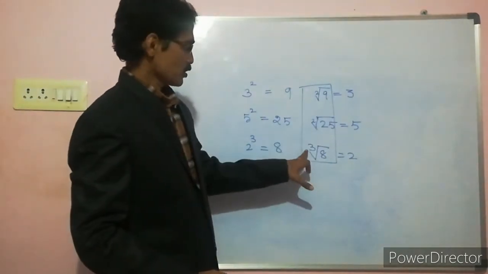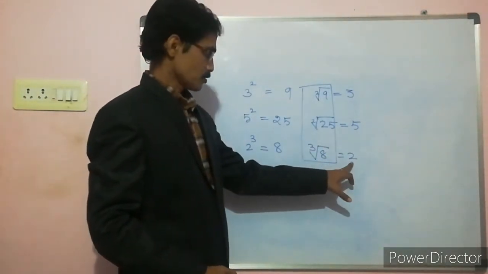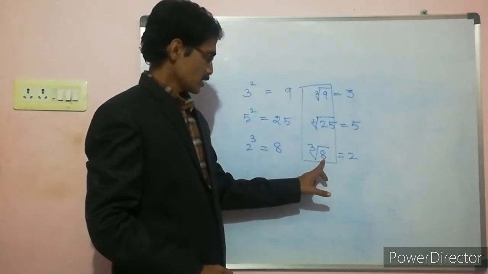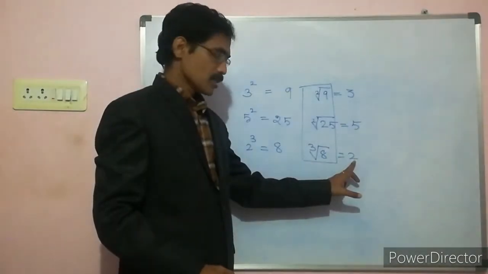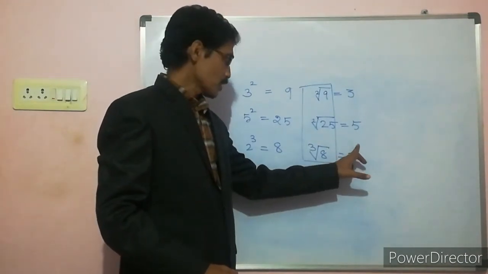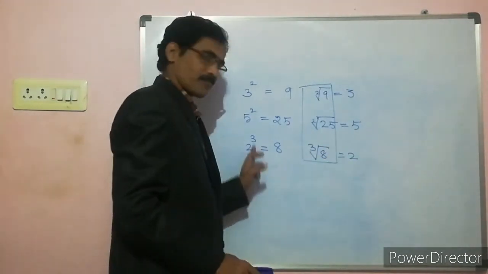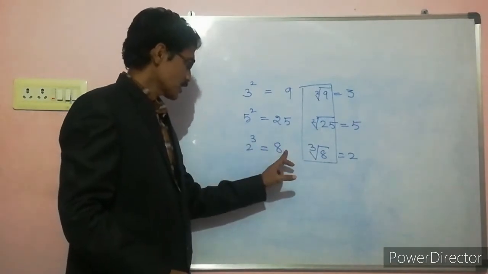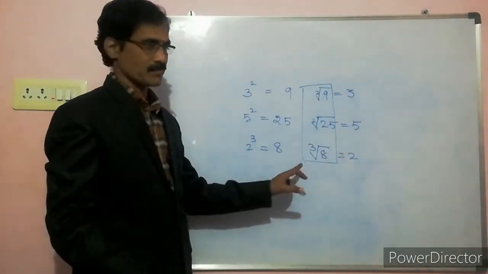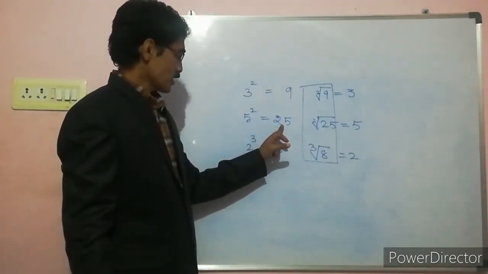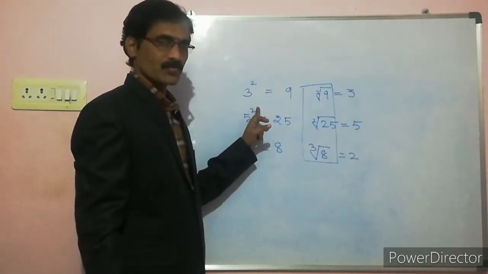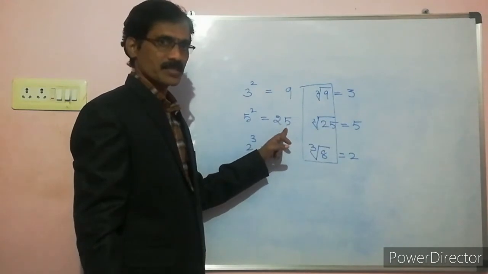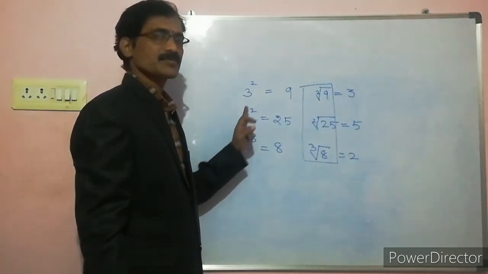Means, for example, cube root of 8 is equal to 2. That means 8 can be written in the form of 2 power 3. So cube root of 8 is a rational number. 25 can be written in the form of 5 square.